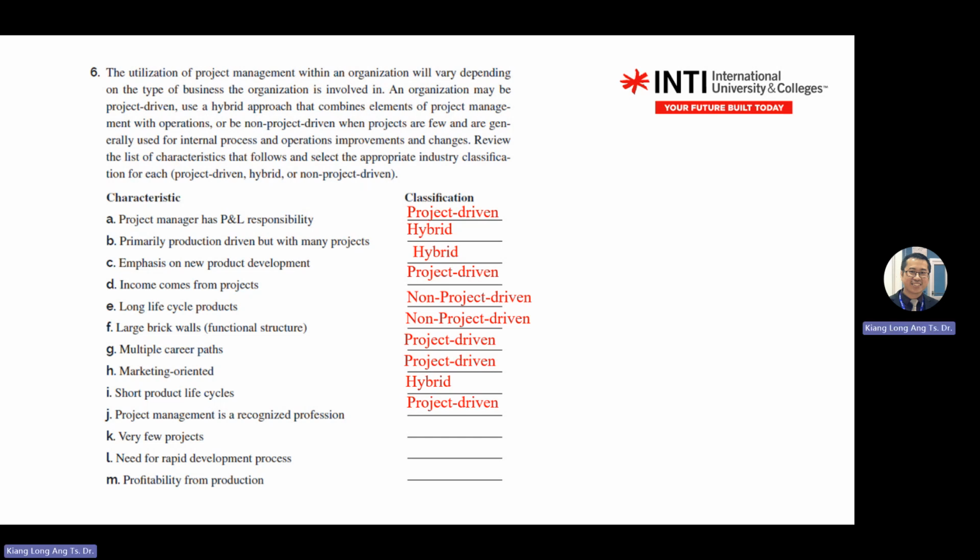So it's under project driven. Try to understand some keywords, because keywords will point you in a certain direction. Very few projects means non-project, because it keeps repeating the same products. Need for a rapid development process is hybrid. Profitability from production, meaning P&L from production, is non-project driven.